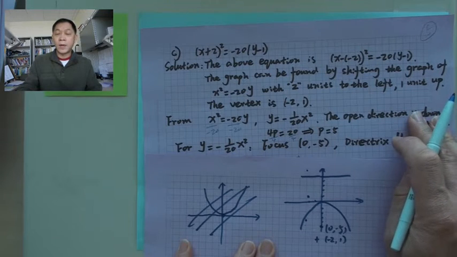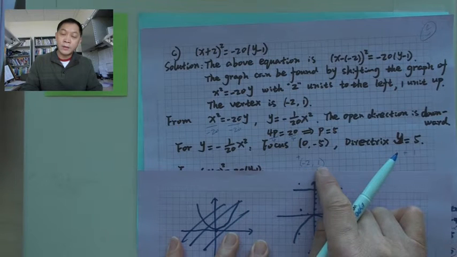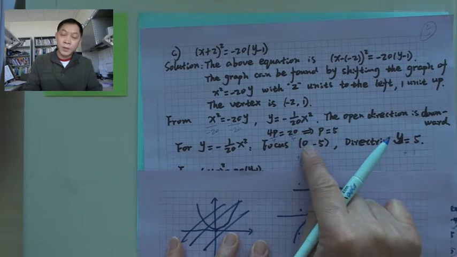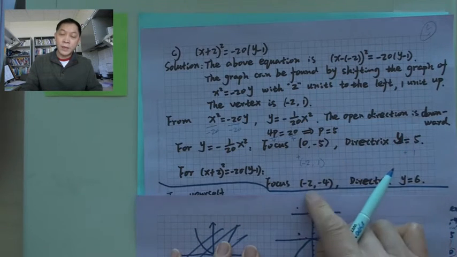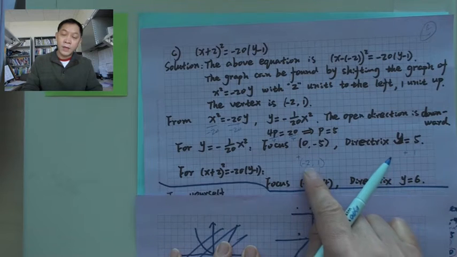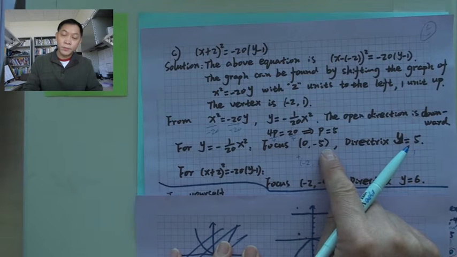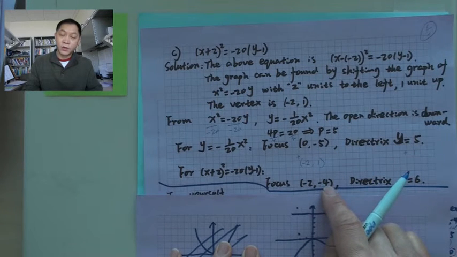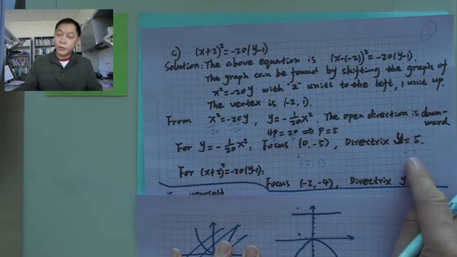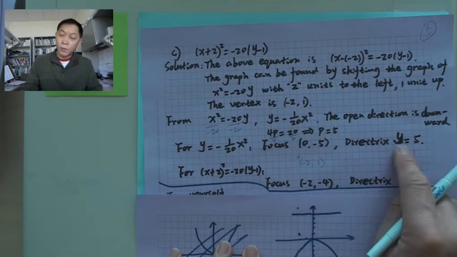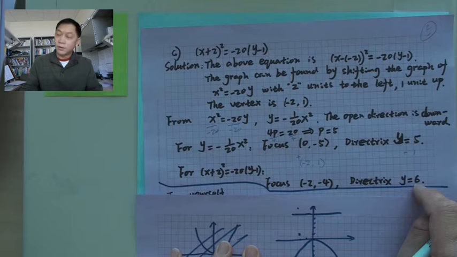So basically what you do here is add -2, 1: -2 plus 0 is -2, and 1 plus -5 gives you -4. For the directrix, you just add to y: 1 plus 5 is 6.